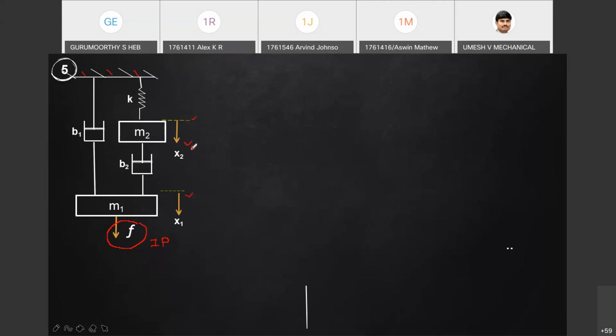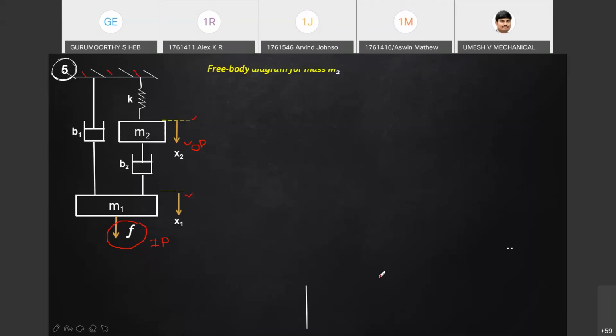So you find the displacement or transfer function. It should be x2 of s divided by f of s. So you can write two differential equations, but finally reduce to one equation by the substitution method later.